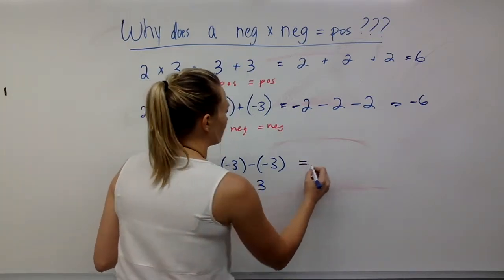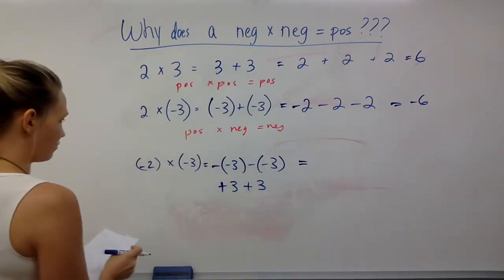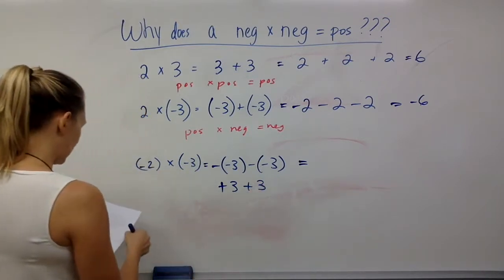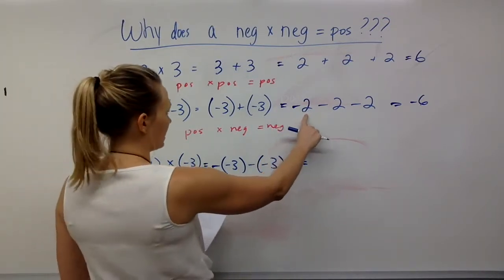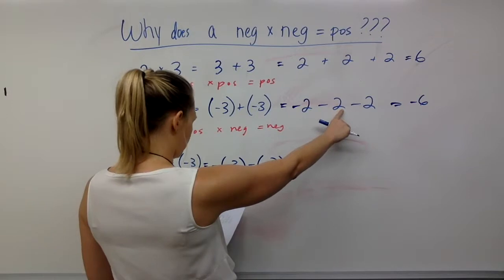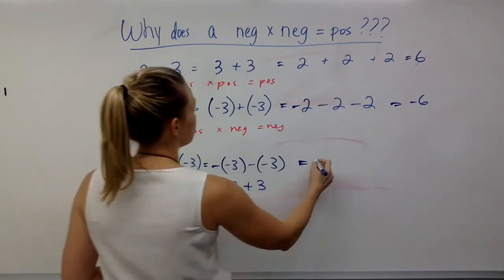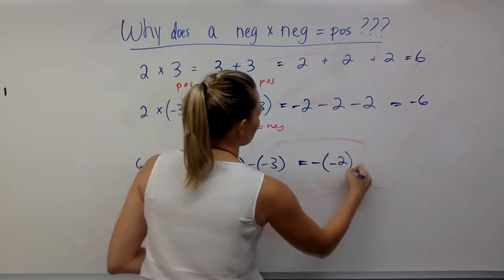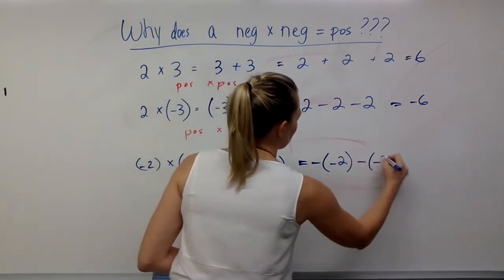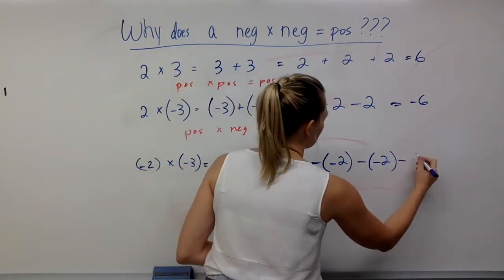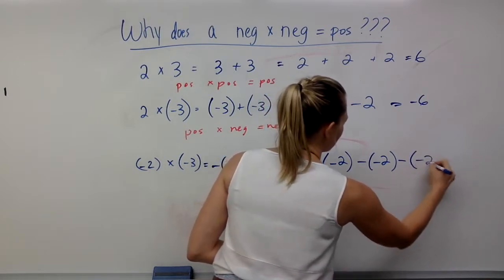Okay, or we could think of it from this perspective, right? Since I did the repeated addition here of 2, now I need to do the subtraction of 2 as well, because we've now changed that sign in this case.